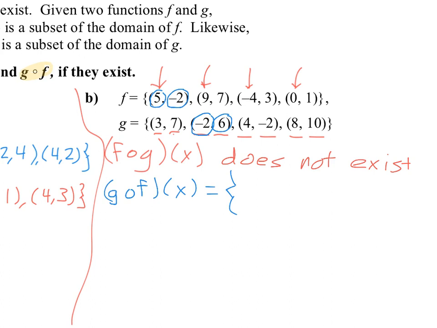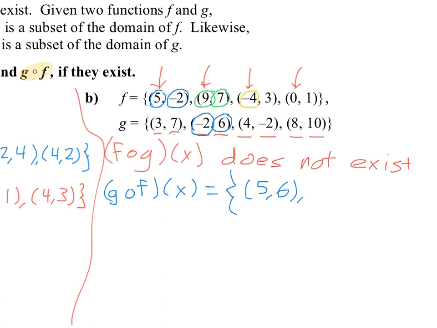So where did that start? Started at a 5, ended at a 6. All right, next coordinate. 9 takes us to 7. I don't see any 7s in the x for the g list, so that one doesn't take us anywhere.